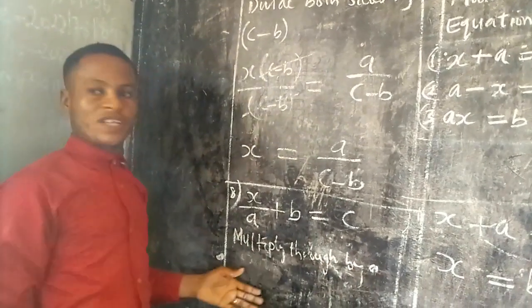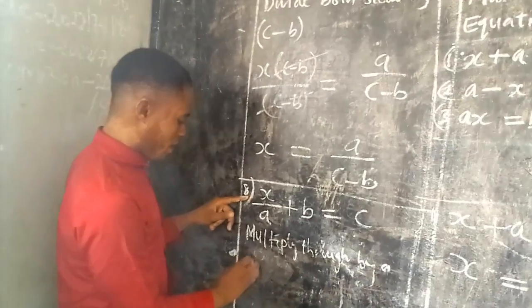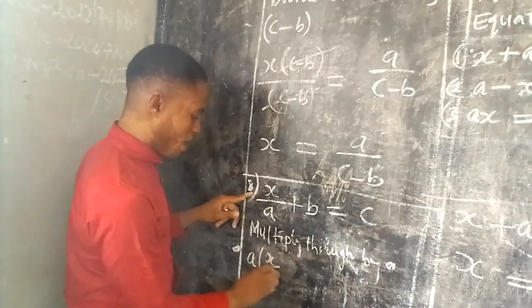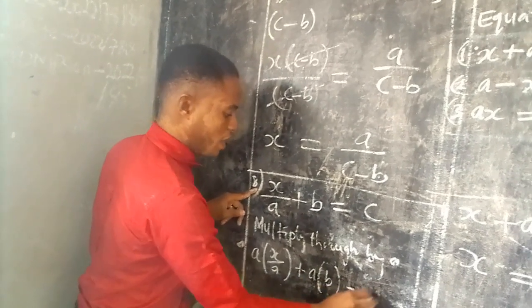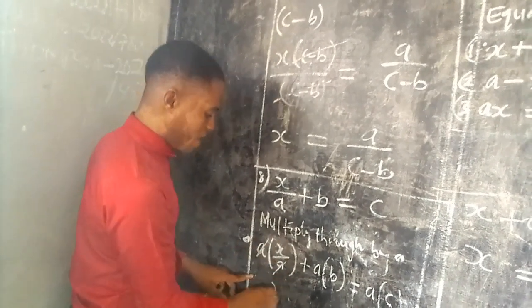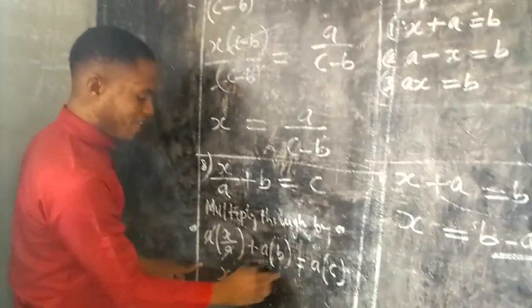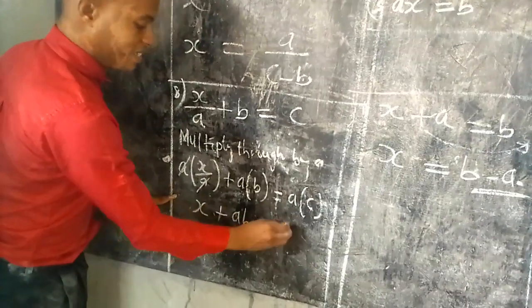That means each of the terms should be multiplied by a. We have a multiplied by x over a plus a multiplied by b equals a multiplied by c. So a cancel a, we have x plus a times b, ab, equals a times c, ac.